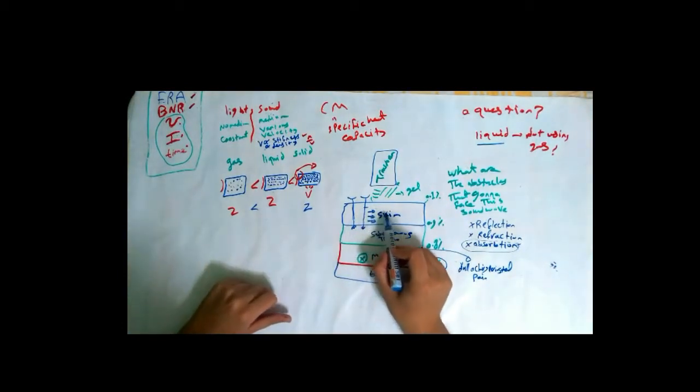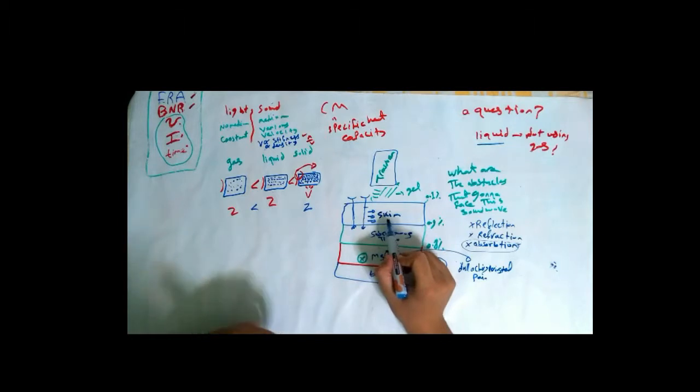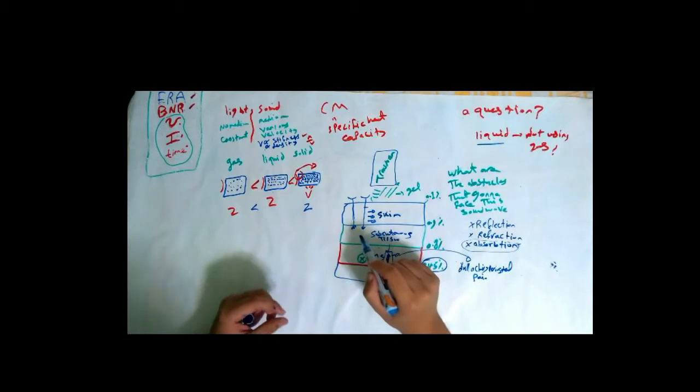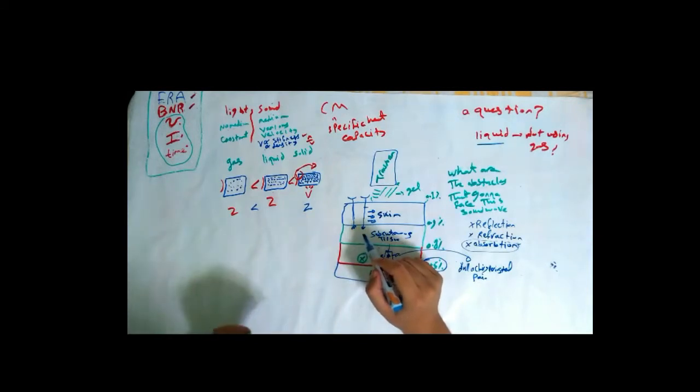This means that despite the skin being a constant material, it behaves differently with 1 MHz and 3 MHz. And the reason for this is the diffraction which 1 MHz has.